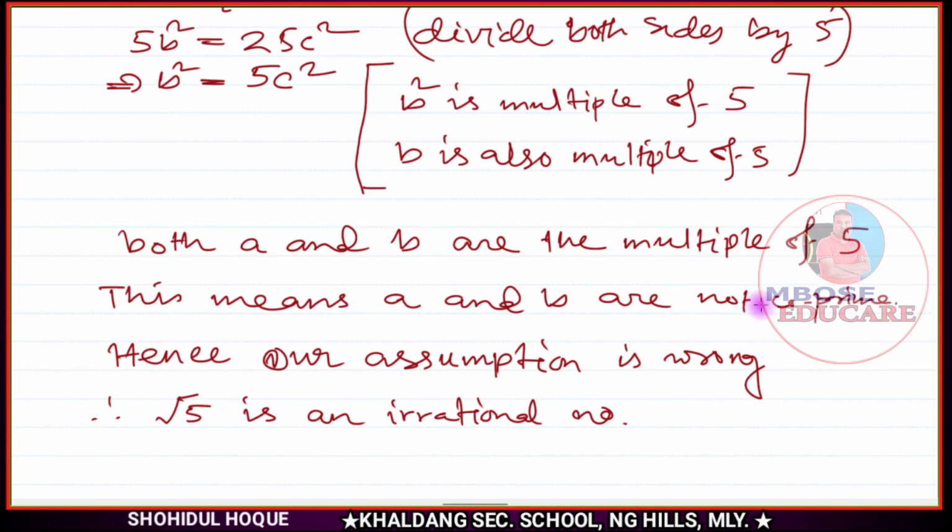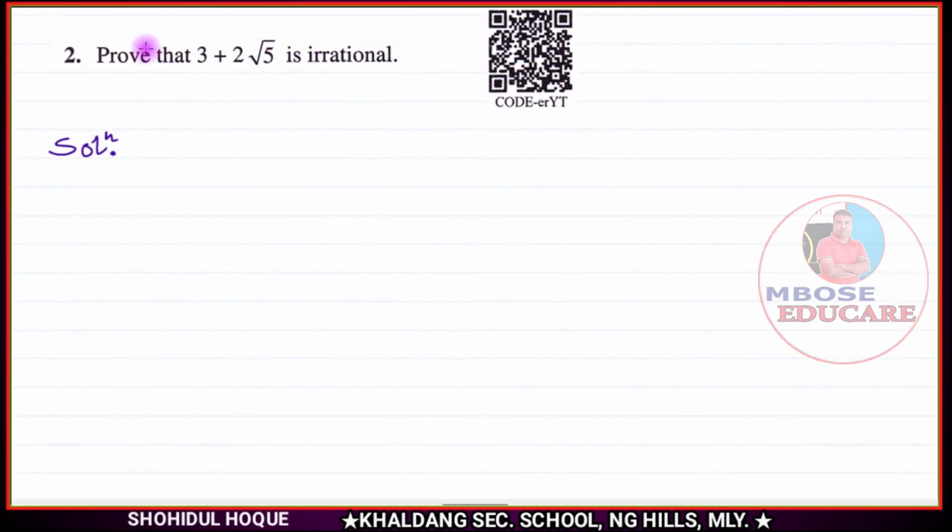Let us solve question number 2. This is question number 2. The question is, prove that 3 plus 2 root 5 is irrational. Let us solve it. First of all, we shall assume this number is a rational number.